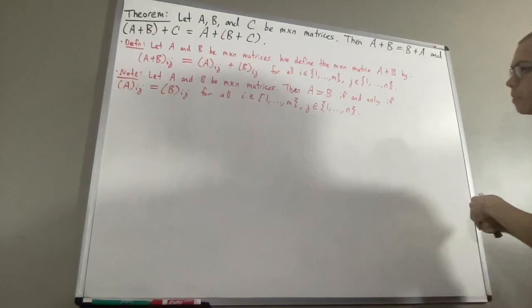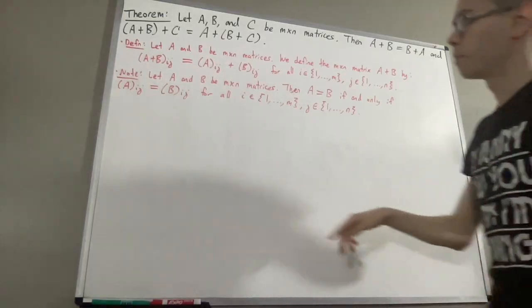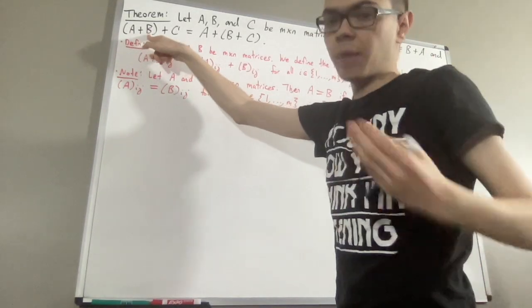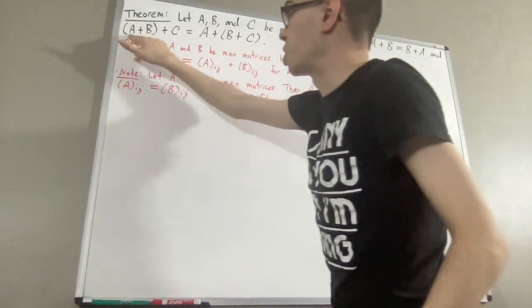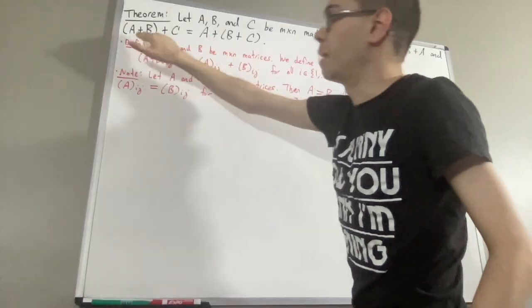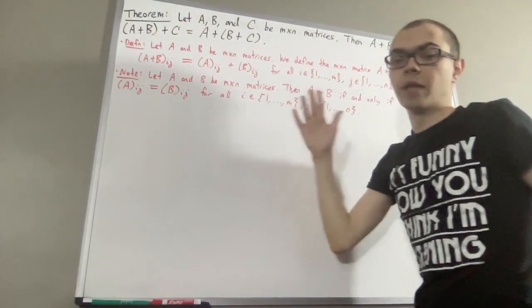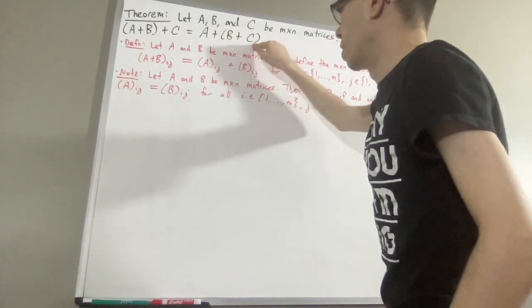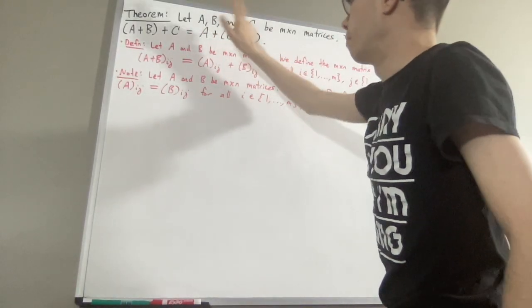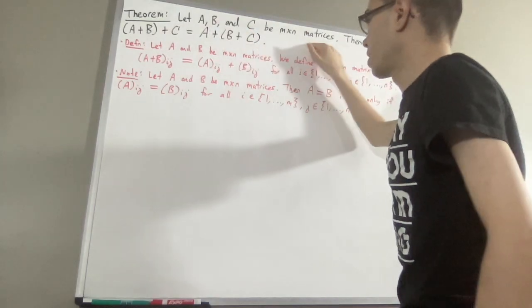Right? In a similar way, we know A plus B is an m by n matrix. We know that C is an m by n matrix. Therefore, their sum, A plus B plus C, is also an m by n matrix. And on the right side of this equation, well, we know A is an m by n matrix.